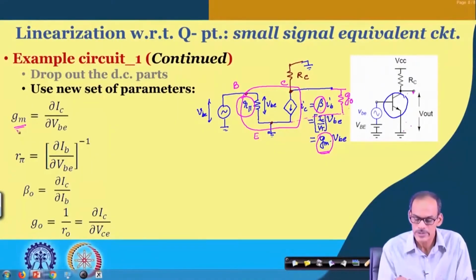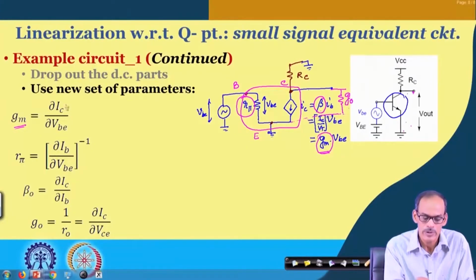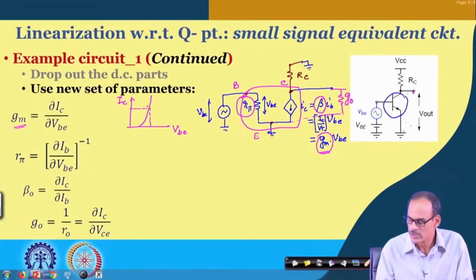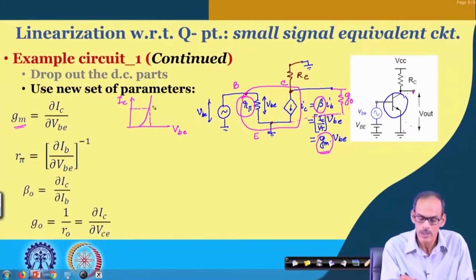This transconductance represents the relationship between the collector current and V B E. You may recall the characteristic curve of collector current I C versus V B E. This curve is exponential, and with respect to some DC point or Q point we linearize it.